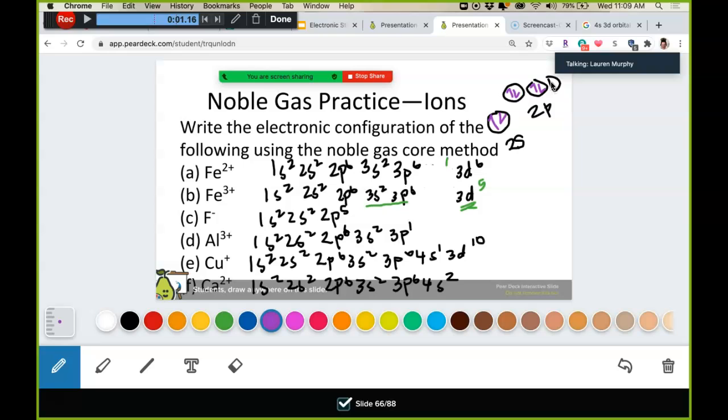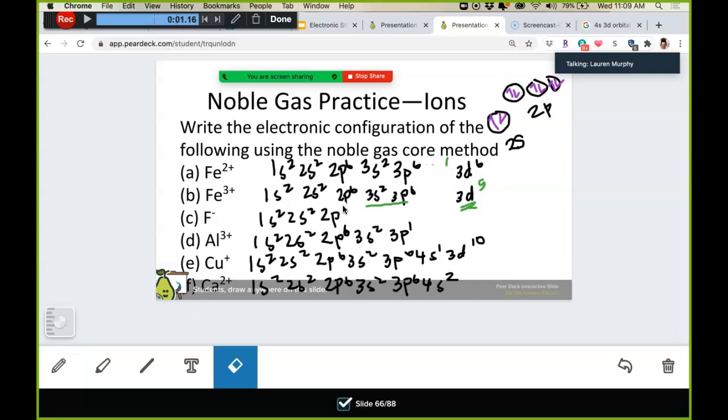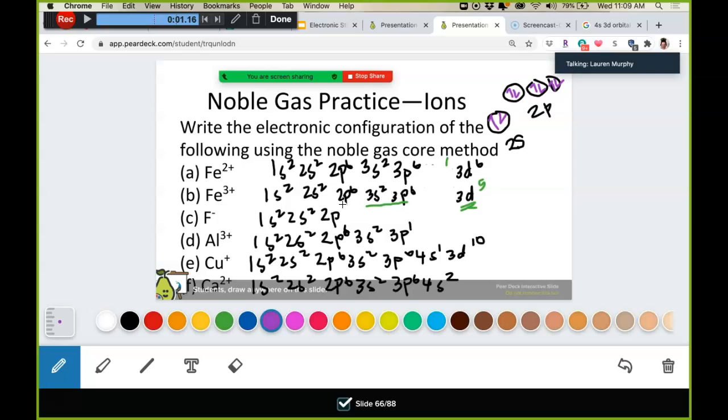Neutral, and then it's going to gain 1. Look, there's an empty spot for it. The s orbital is full, you max out at 2 in the s orbital. You don't max out till 6 in the p orbital, so that's where the extra electron goes. Look at this, it is isoelectronic with neon.